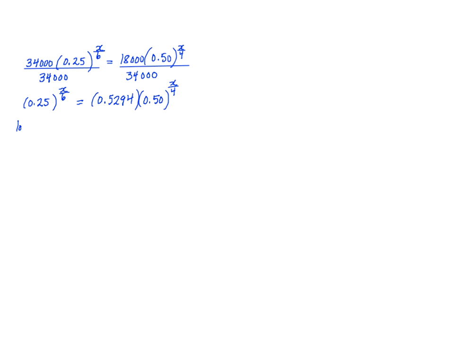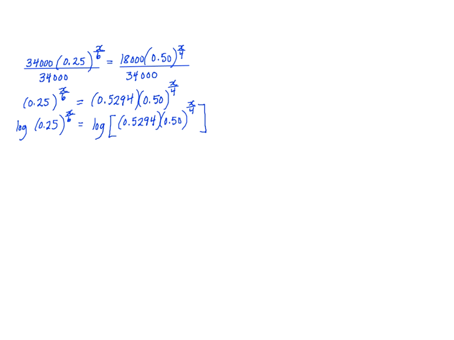We will begin by taking the log of both sides of the equation. This step is important because you cannot use the property of logs until you do so. You need to take the log of both sides of the equation. And note that on the right-hand side, we have the log of a product.